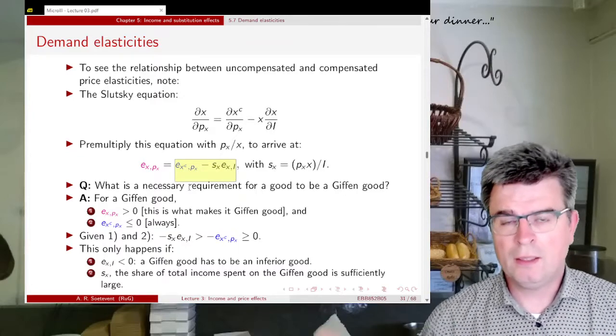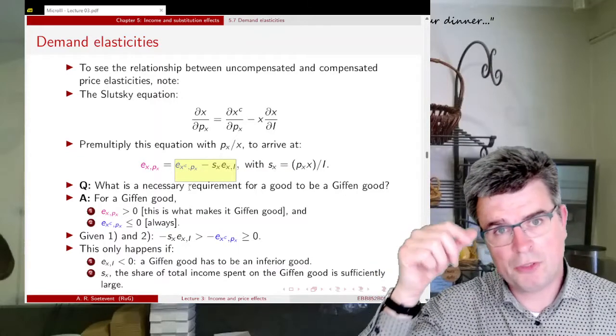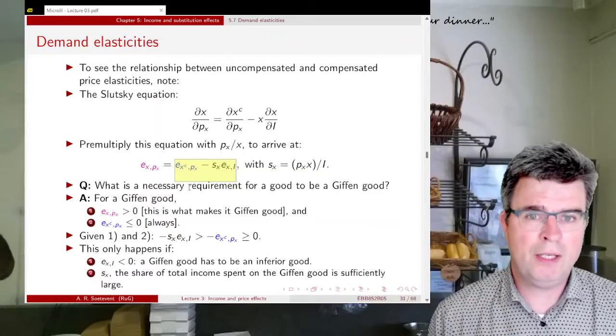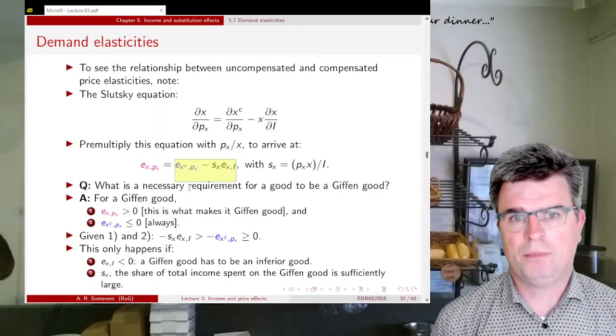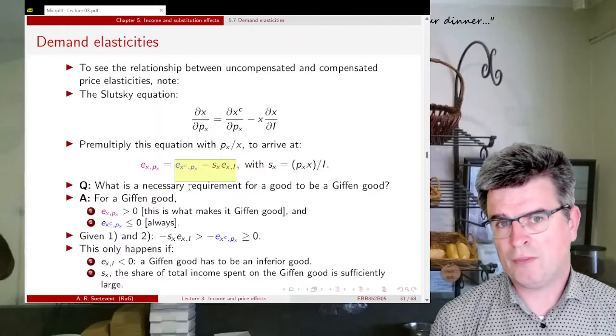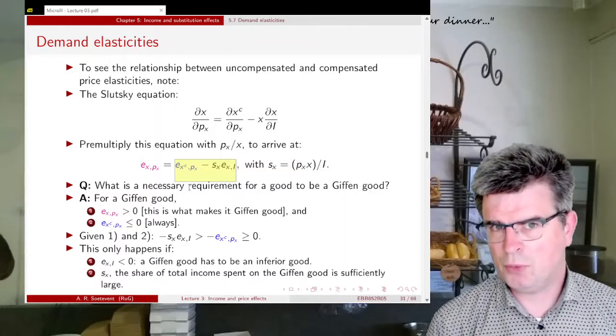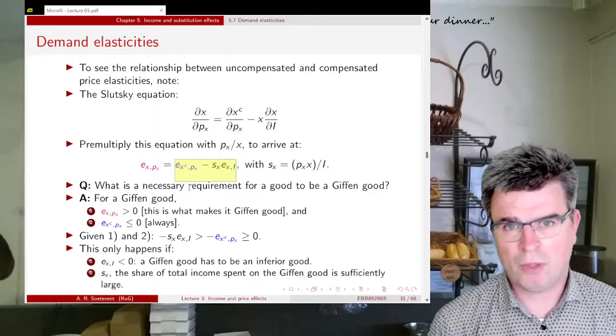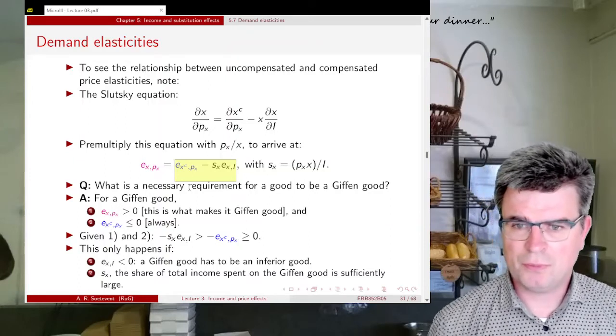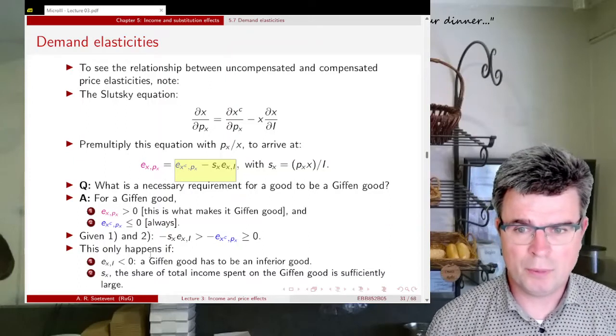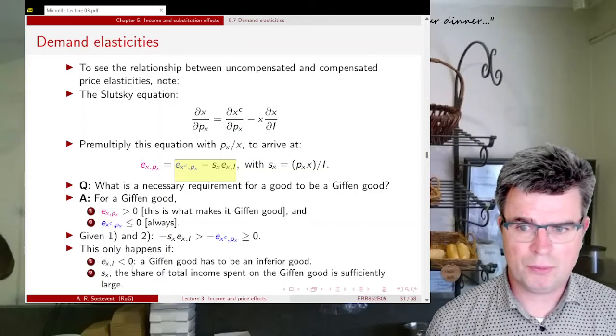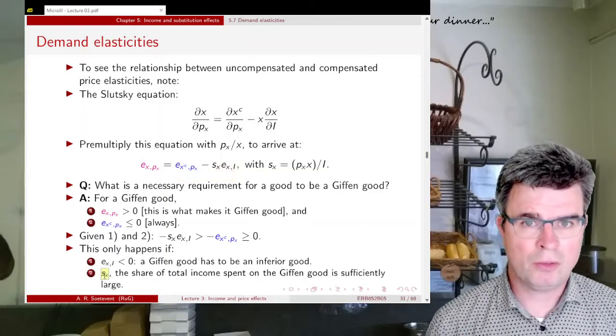So practically, it means that items on which you spend only a small fraction of your income can never be a Giffen good. So suppose you have coffee, you don't spend a lot of your income on coffee, so it's not likely that coffee will be a Giffen good, because your income share on coffee is simply too small.